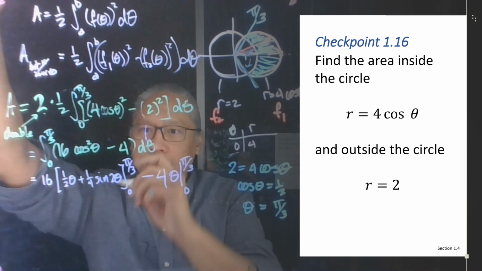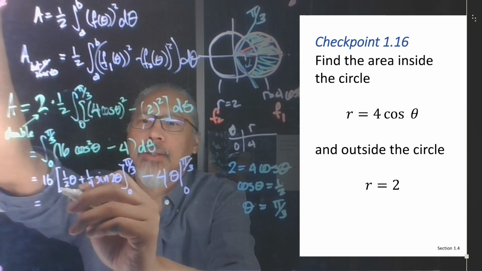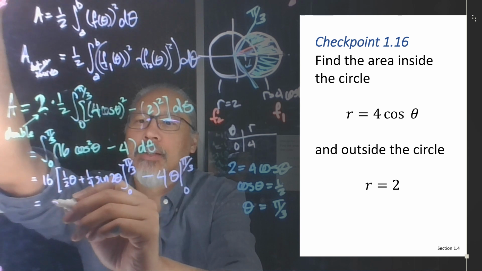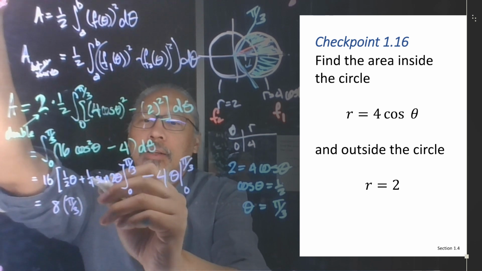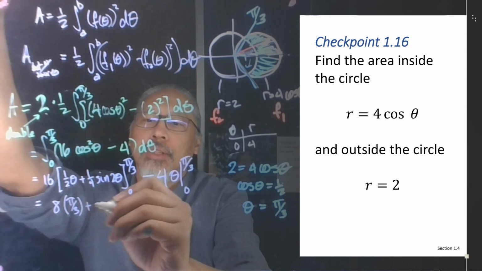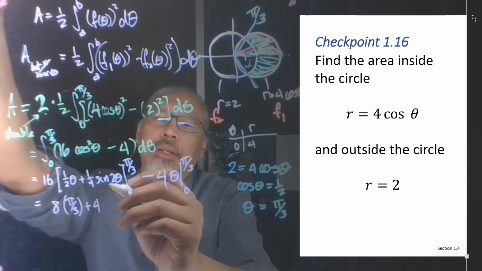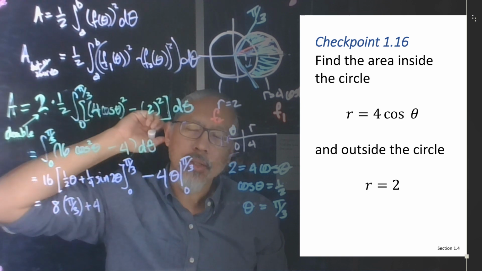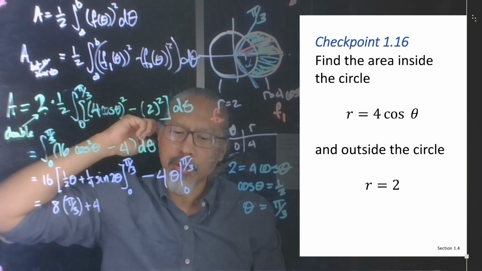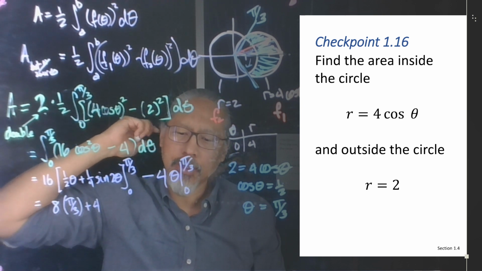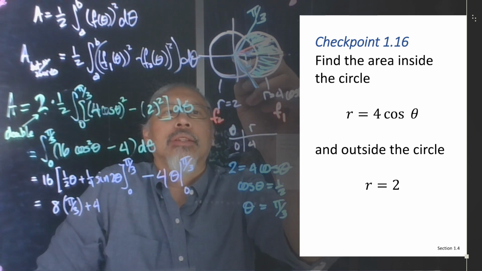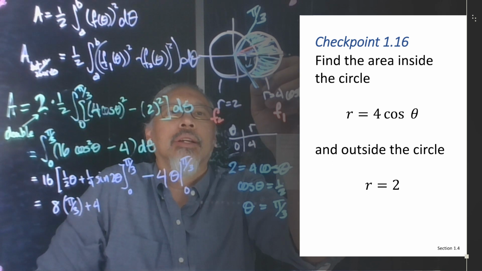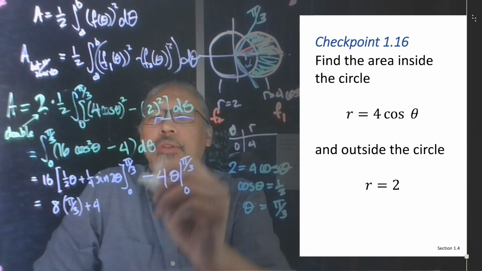Okay, we have, let's just call this 8 times pi over 3, and 1/4 and 16 is 4. Sine 2 pi over 3, and the sine of 2 pi over 3 is still positive, and that's root 3 over 2.